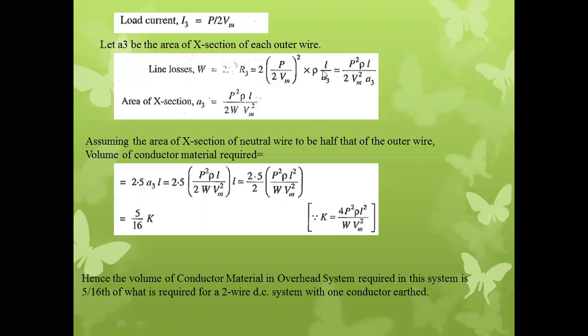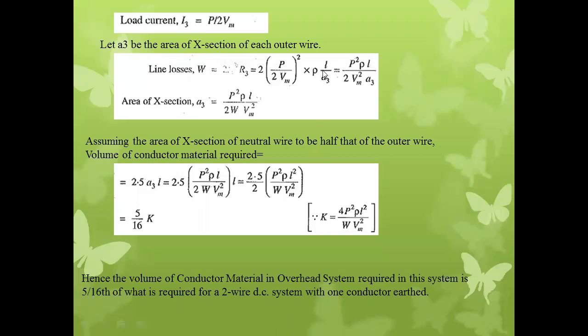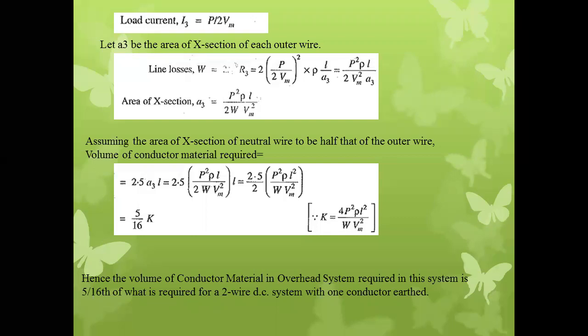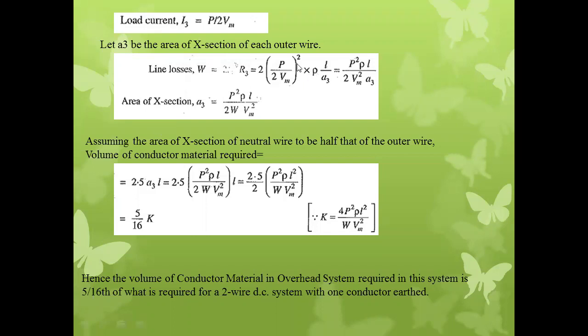R3 is the resistance of the wire, which is rho L by A3. Simply putting these values, we get 2 into P square by 4 into Vm square, and finally P square rho L divided by 2 into Vm square into A3.